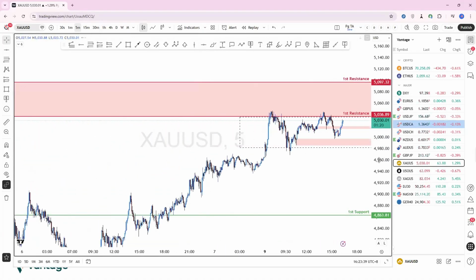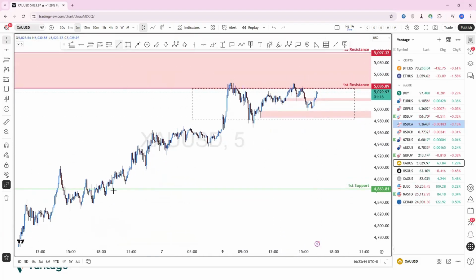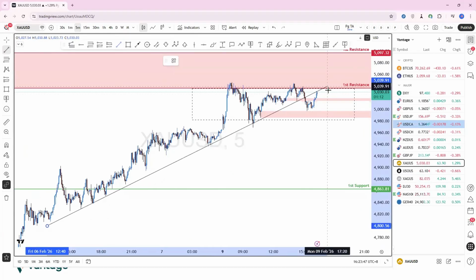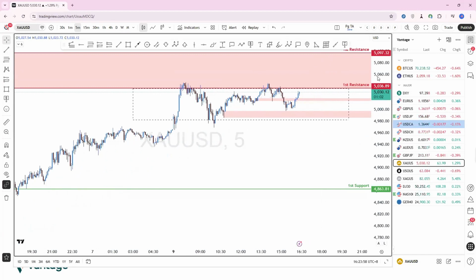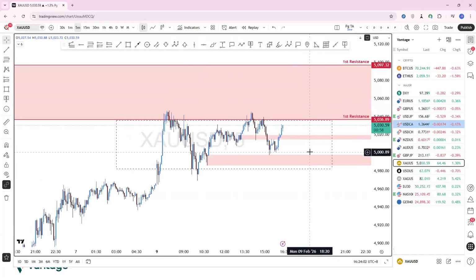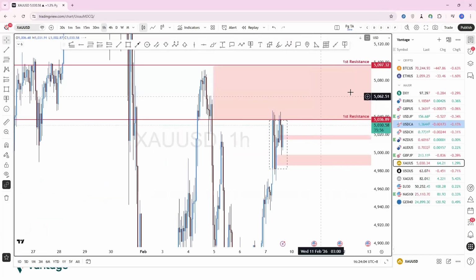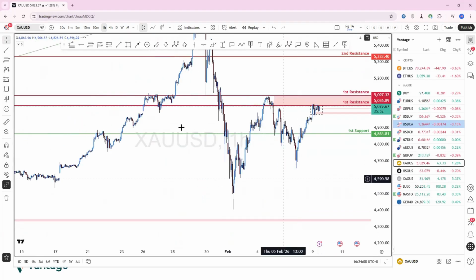So basically it's going sideways. Can we say that they break out of the trend line, guys? But I don't really draw the trend line on the lower time frame, okay? It's just that we know that gold is ranging. But I'm gonna give you the key level.